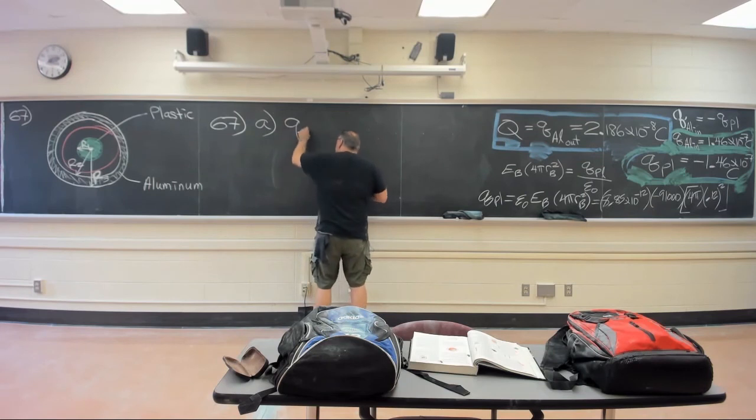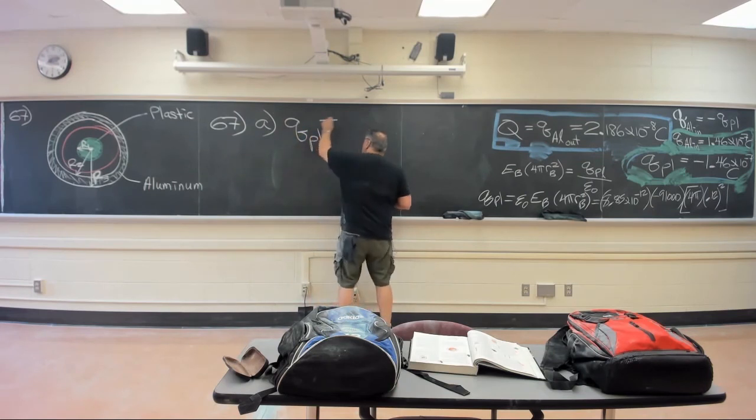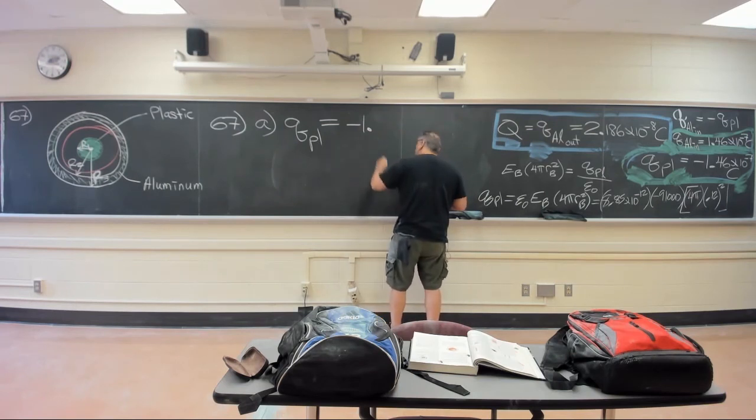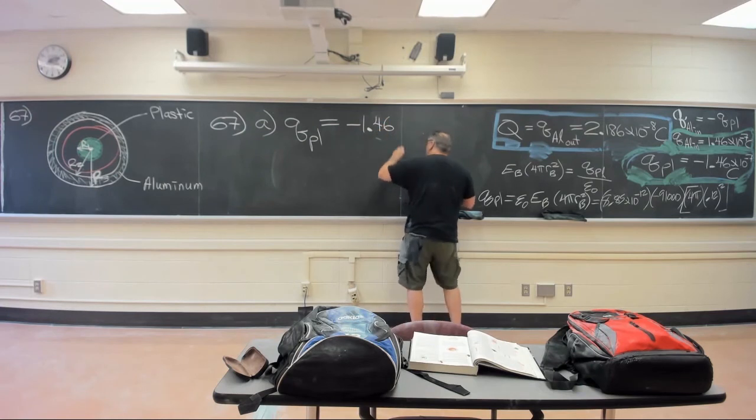We said, however all this took place, however this situation is occurring, we've got a net of negative Q plastic, because when you stayed within the realm of what the plastic was doing, you were getting a very large E field directed inward.